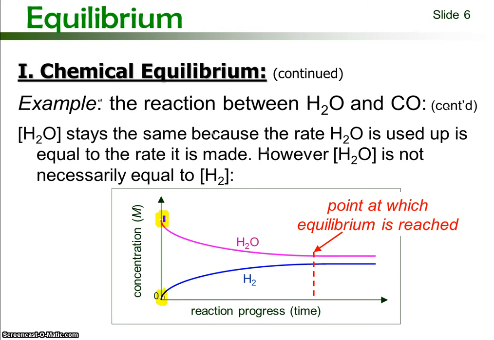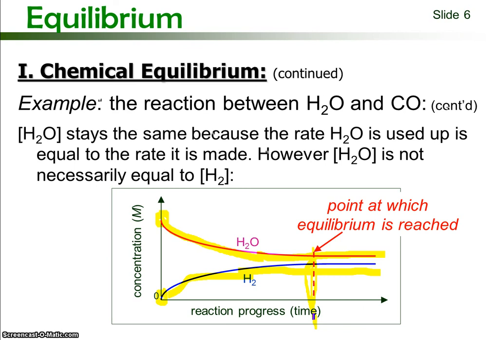But over time, as H2O gets used up, H2 increases because as H2O is getting used up, those two H's make H2. But eventually we see that they reach a state of equilibrium at approximately time equals whatever this number is on the graph. And we know that's when they reach equilibrium because we see their concentrations become constant.